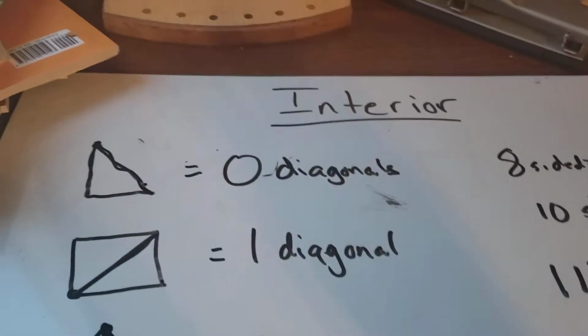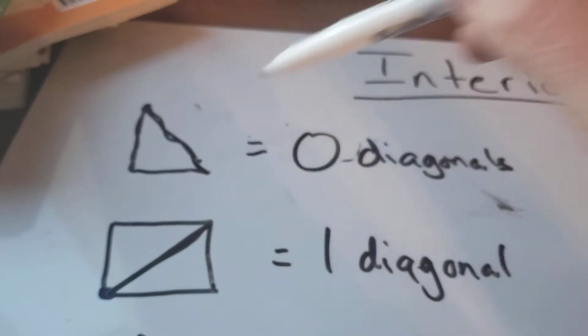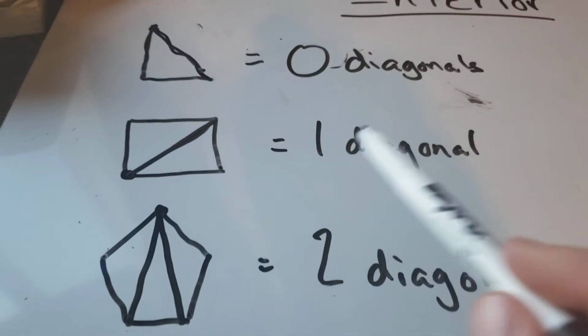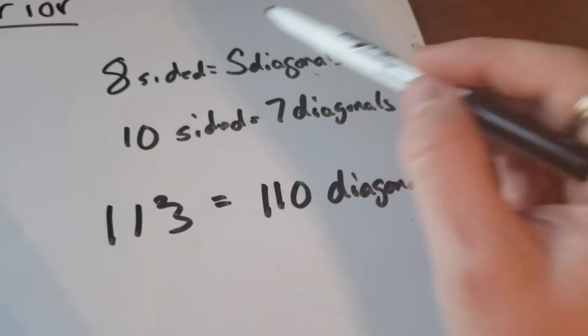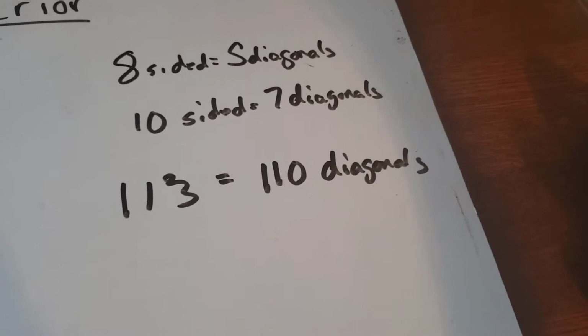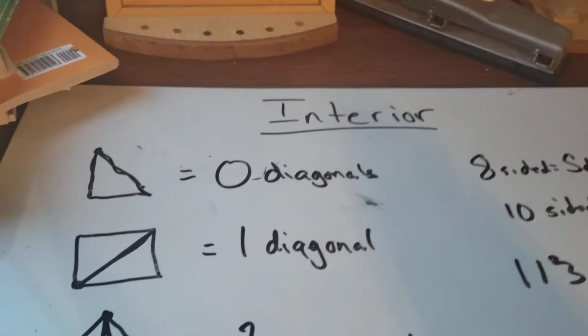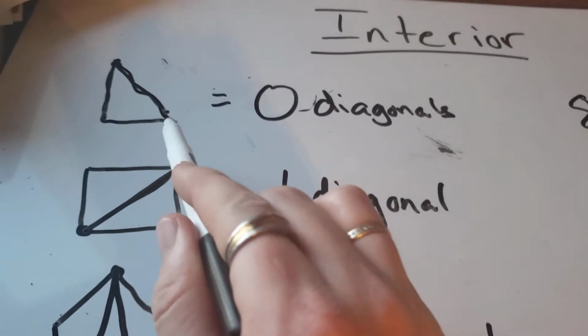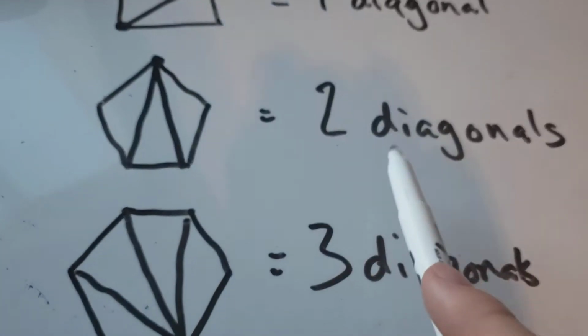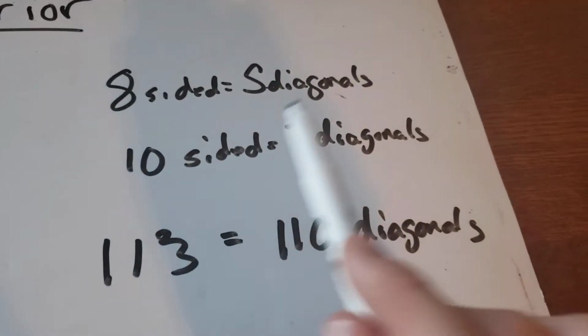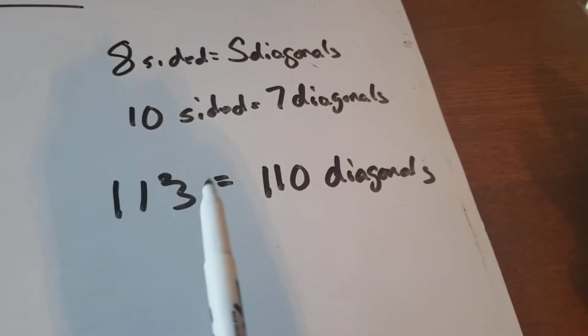So let's see if we can find a pattern here. 3-sided shape, no diagonals. 4-sided shape, 1. 5-sided shape, 2. 6-sided shape, 3. 8-sided shape, 5. 10-sided shape, 7. 113-sided shape, 110 diagonals. So notice, 3 minus 3 is 0. 4 minus 3 is 1. 5 minus 3 is 2. 6 minus 3 is 3. 8 minus 3 is 5. 10 minus 3 is 7. 113 minus 3 is 110.